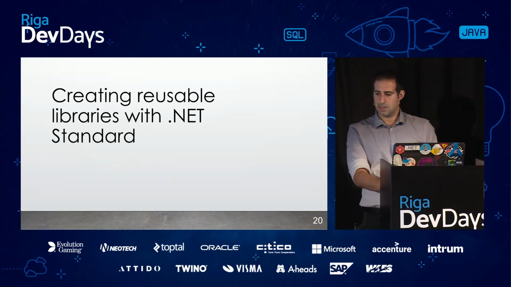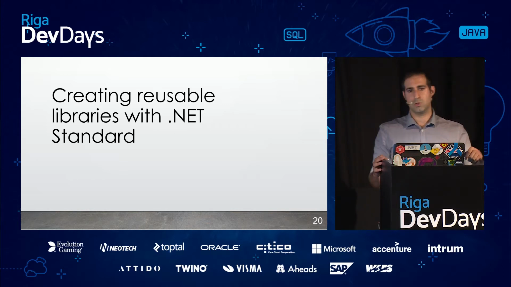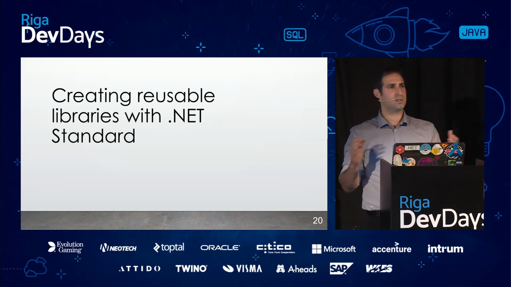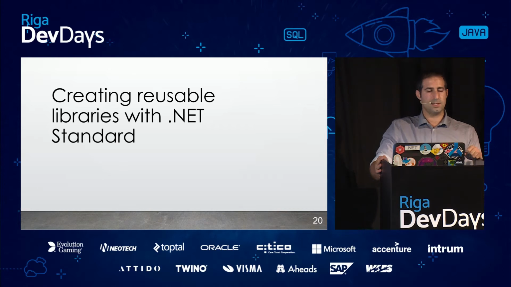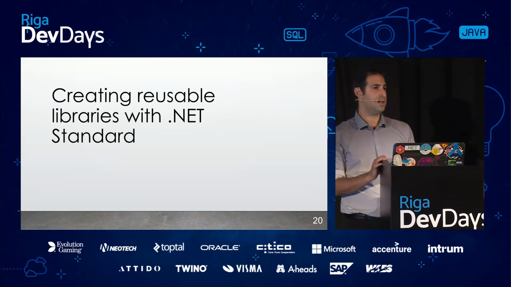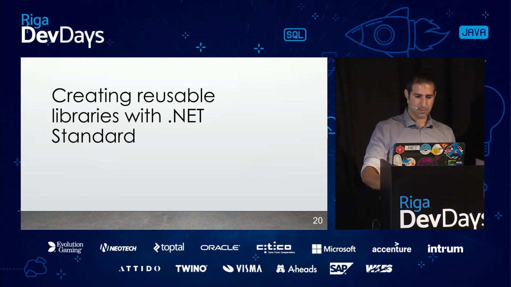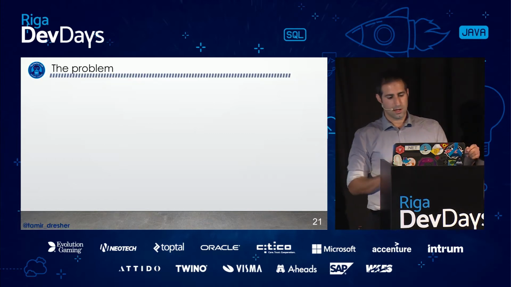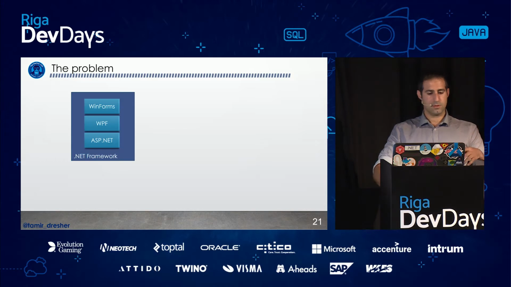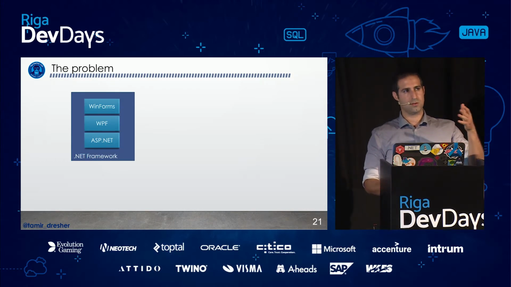Okay, the next thing I want to talk about, which is a must when we start to talk about cross-platform applications, is this notion of .NET Standard and how you can create reusable libraries with .NET Standard. So what's the problem? Right now, we have .NET Framework, with which you can create applications for WinForms, WPF, ASP.NET, and so on.